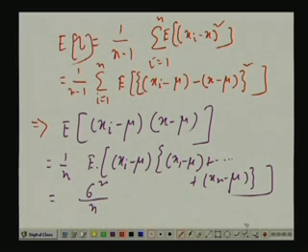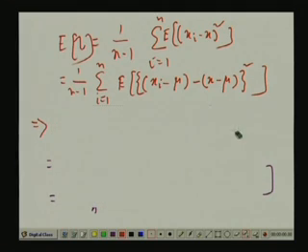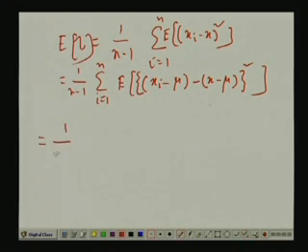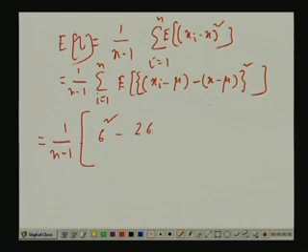So, if we use those figures here, first is sigma square, then minus twice sigma square by n from the covariance term, the cross term, and then from the variance of the other one, sigma square by n.